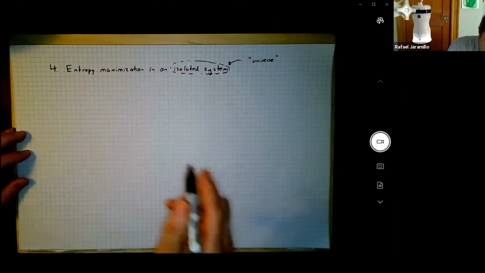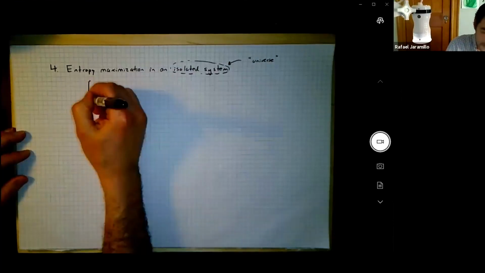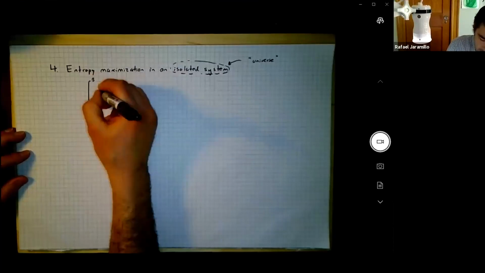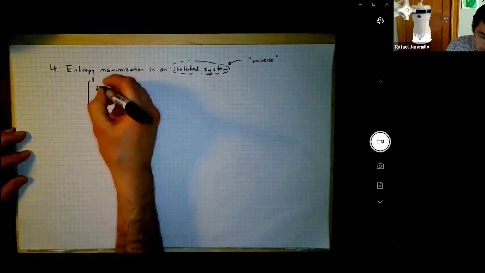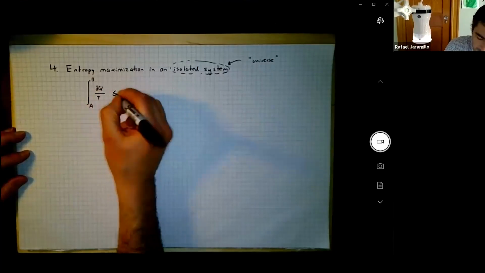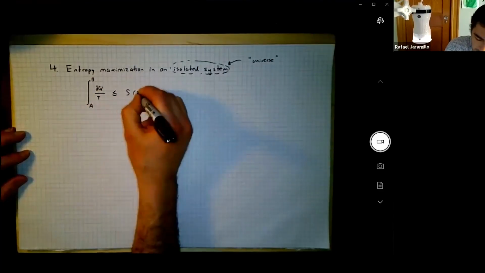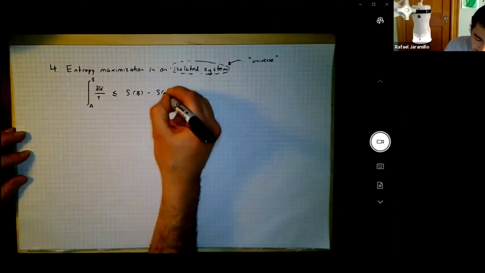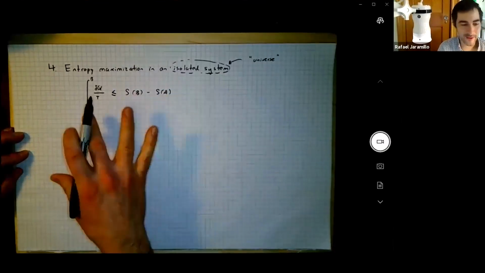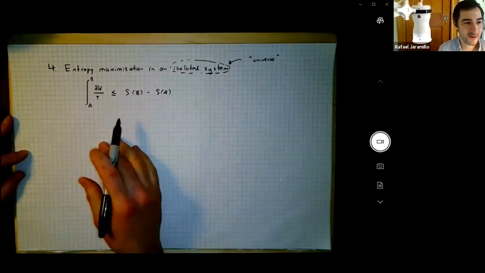Okay, so an isolated system, any process from A to B, dq over T is less than or equal to the entropy of B minus the entropy of A. And already we've come a really long way just to be able to write that down. So I want you to recognize that.